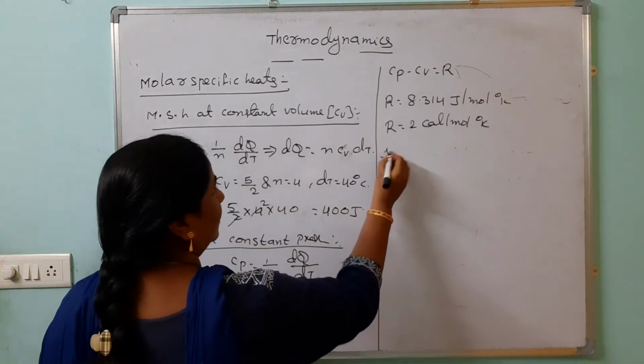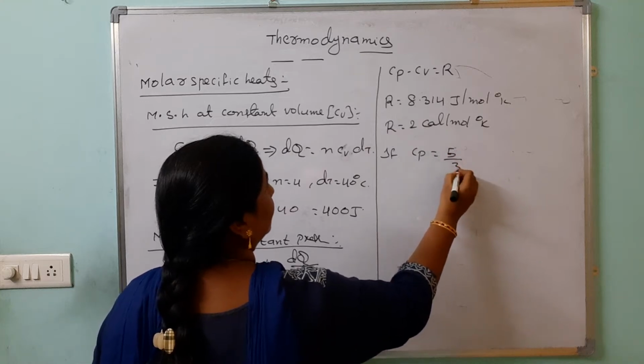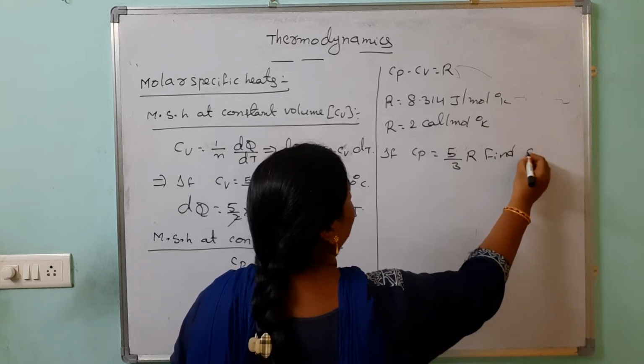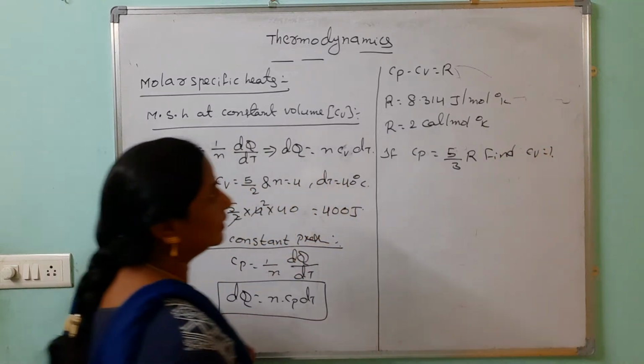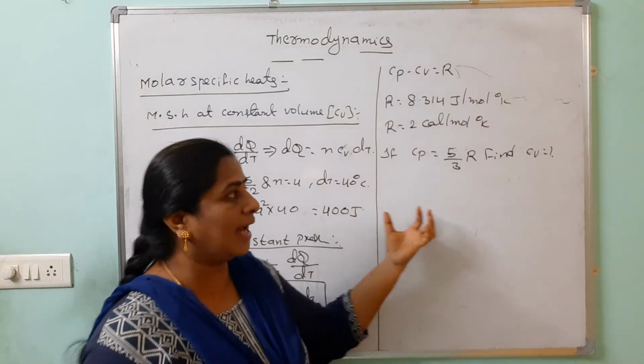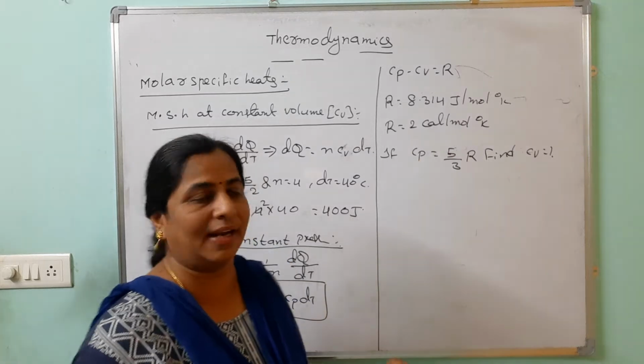See, if Cp equals 5 by 3 R, find Cv. How to find it? Suppose the answer is in terms of CGS units; instead of R we should take 2 calories.